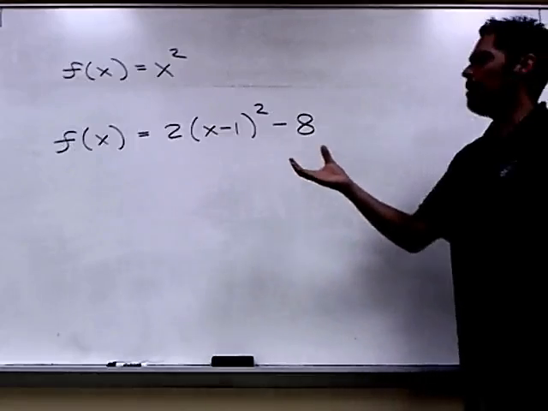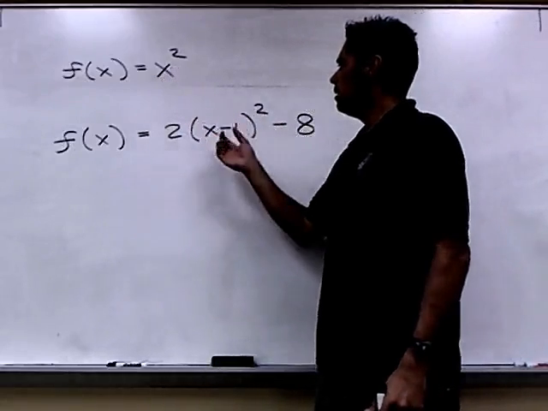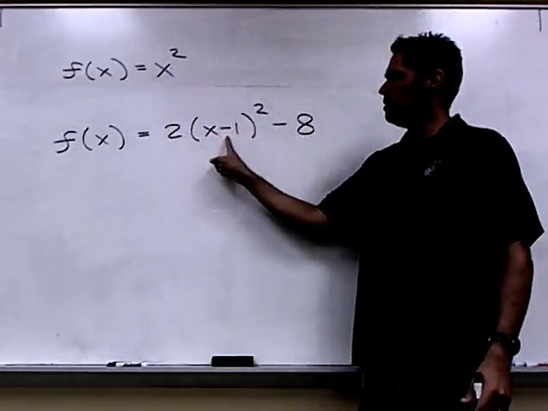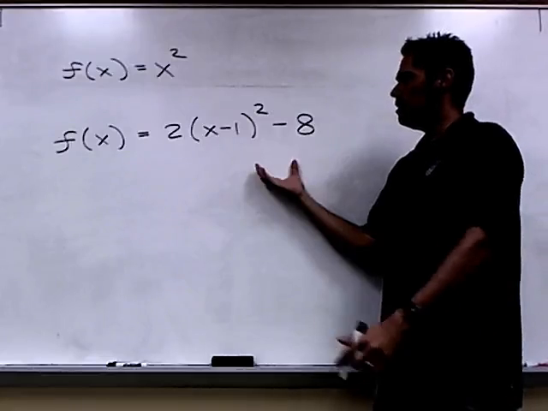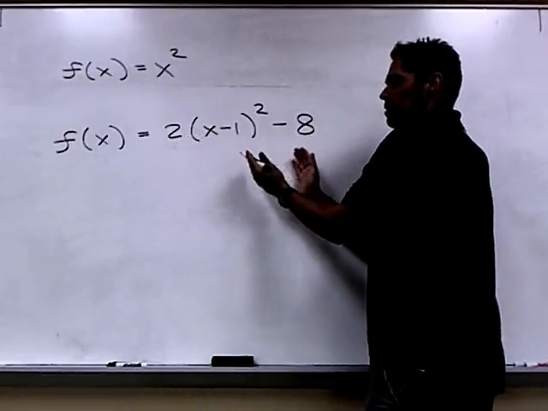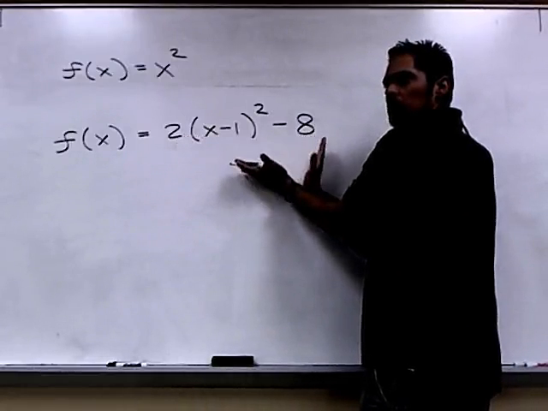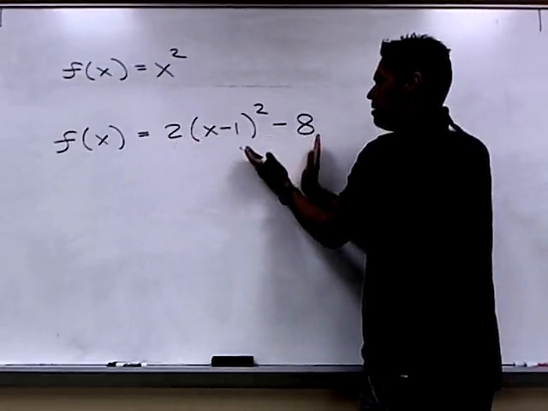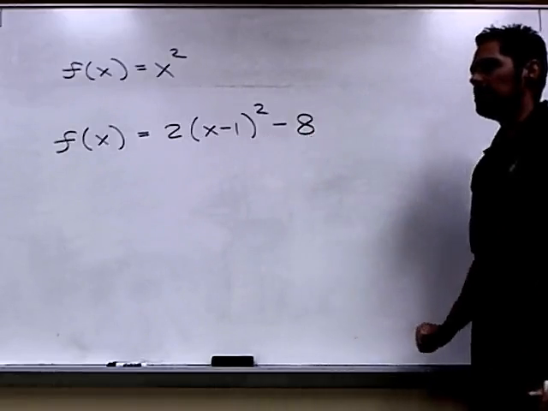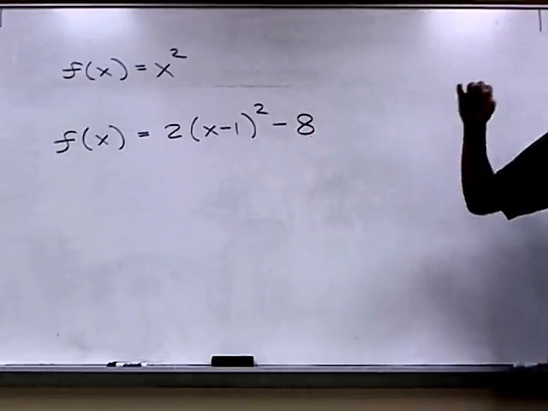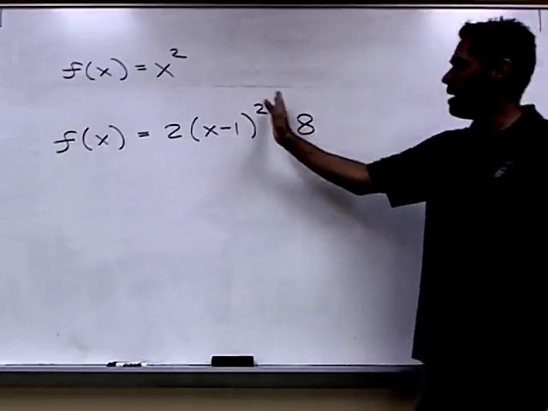You would take the parabola, right? You would move it right 1. Then this would make it more narrow, okay? It would compress it down like this. And then the whole thing would what? Go down 8, right? That's what we did last time. We did a quick sketch, but it had to look like this, right?